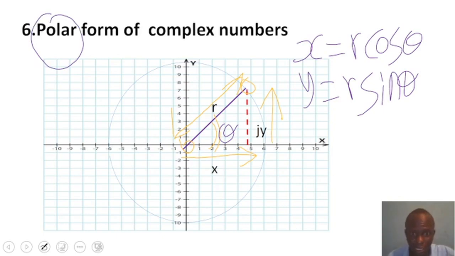Now, let us briefly look at the derivation from the rectangular form, rather Cartesian form, to the polar form of complex numbers.